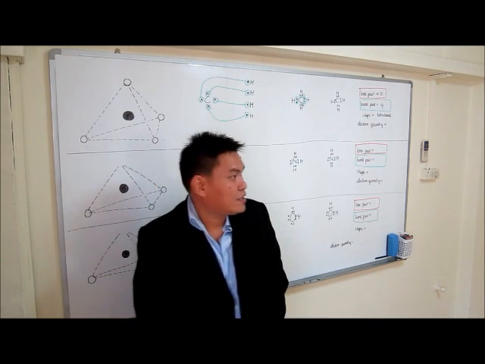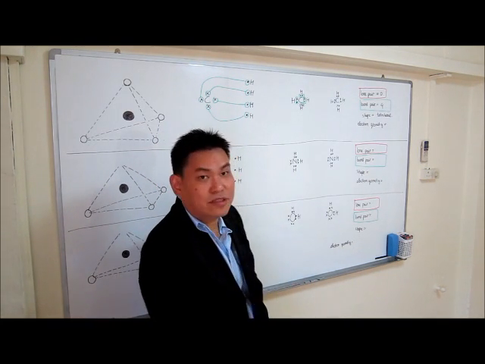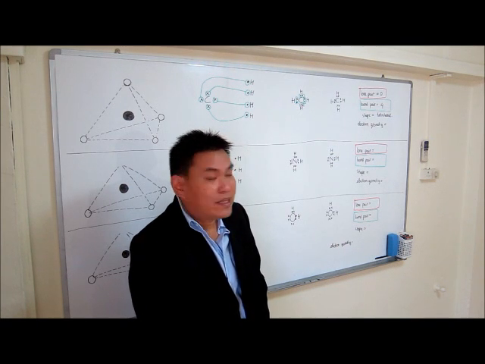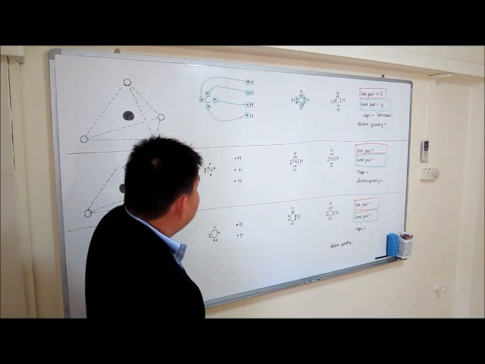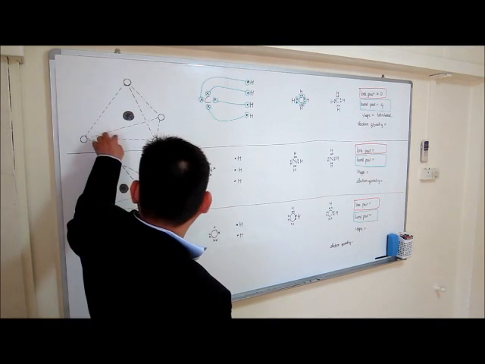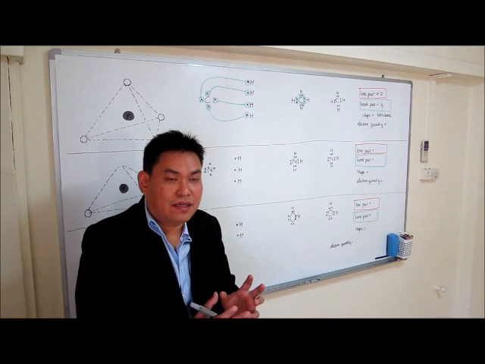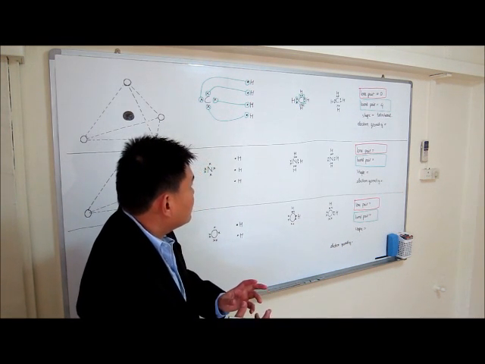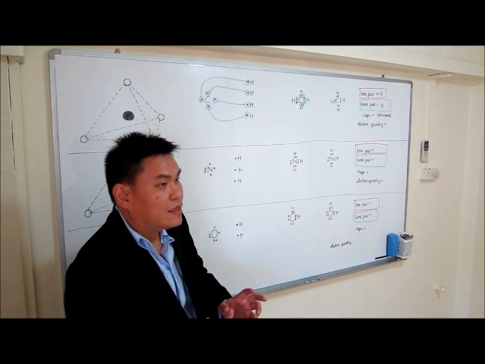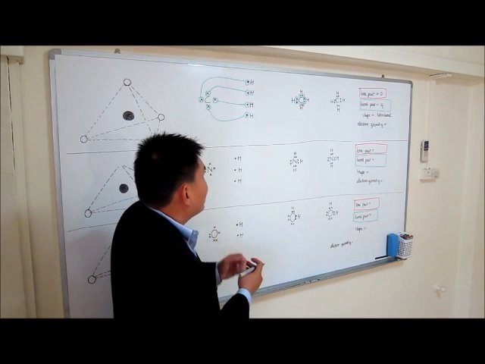Sometimes the question asks you about electron geometry. Electron geometry simply means that you take into account the lone pairs.